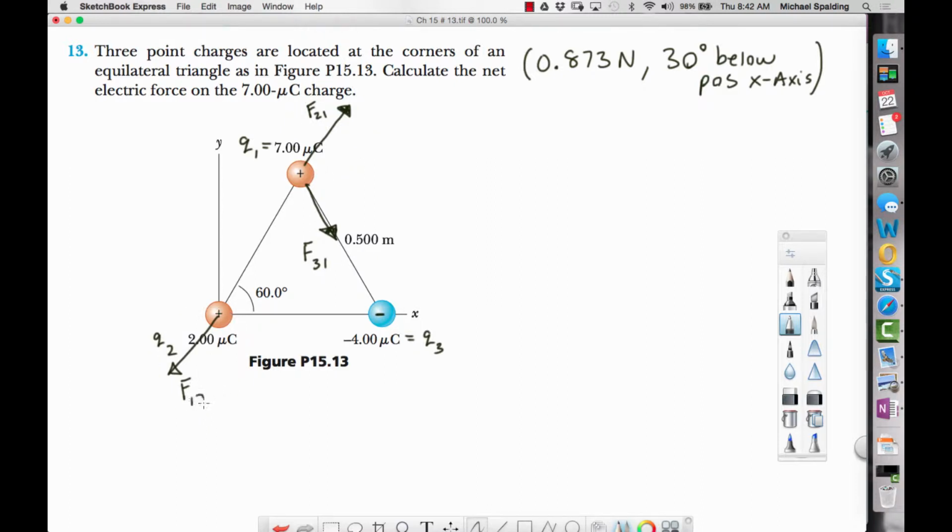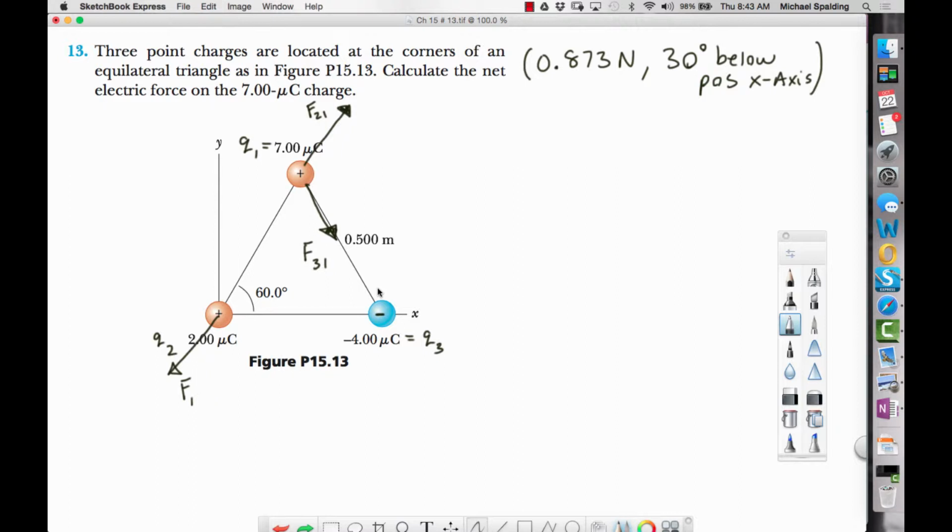What's this guy doing to charge number 2? Attracting. So this would be F32, the force of 3 on 2, which is going to be equal to this force right here, which we'll call F23. And then this guy right here, we have F13, like that. But anyway, we are focusing on charge number 1 because that's what the question tells us to do.